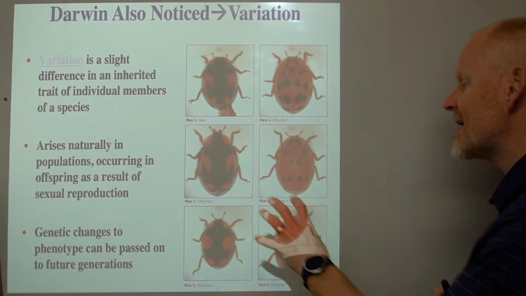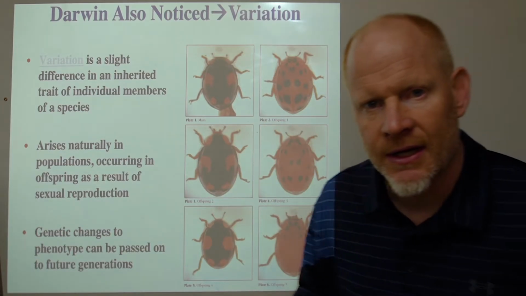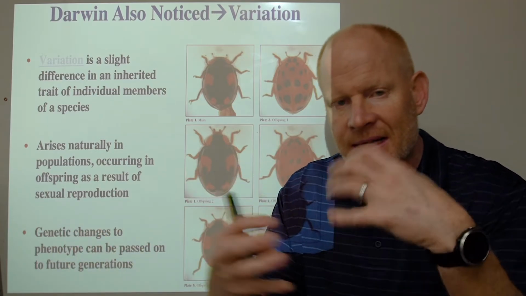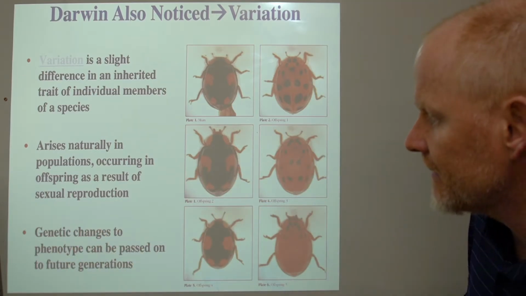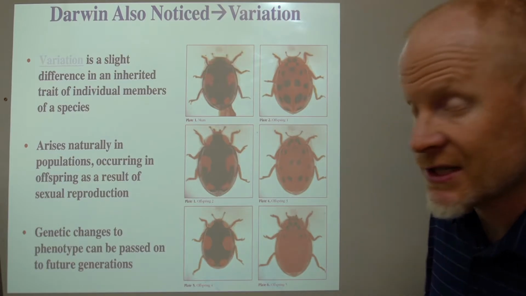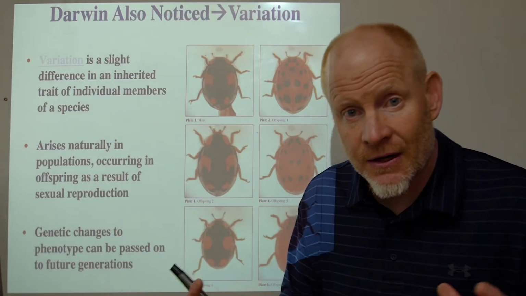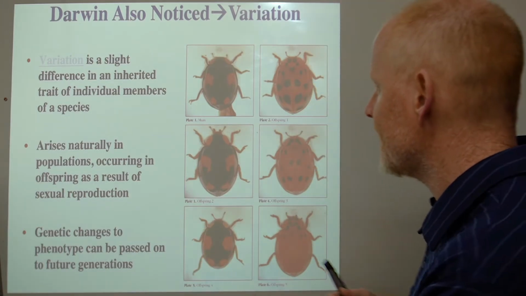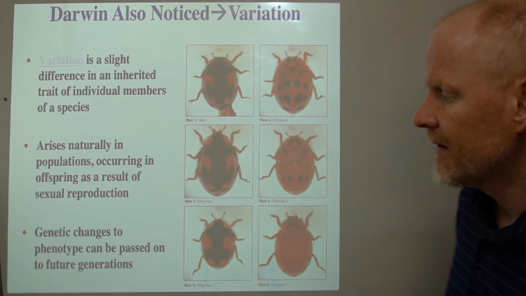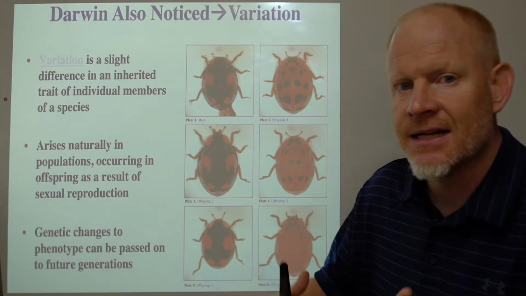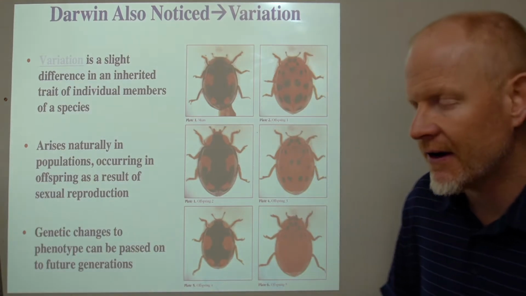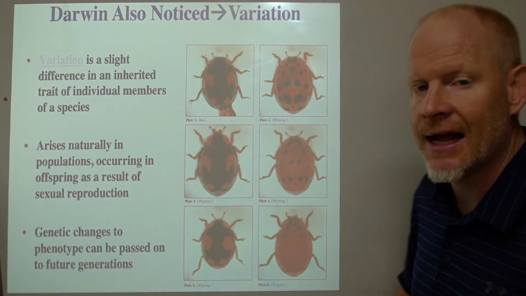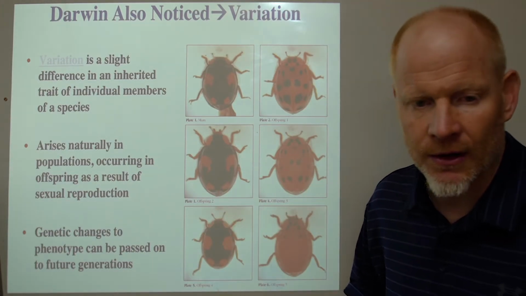And this arises naturally because of sexual reproduction, because you're taking genes from mom and dad, and they come together, and then you're mixing them up through independent assortment and crossing over, and you can get all of these different allele variations in frequencies, and you get different variation in phenotypes. That's the importance of sex. It maintains variability, genetic variation, or genetic diversity, if you will, within a population that allows evolution to occur.